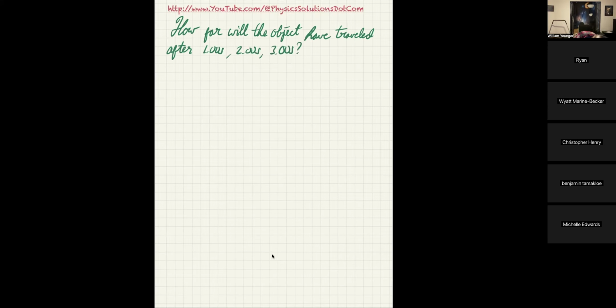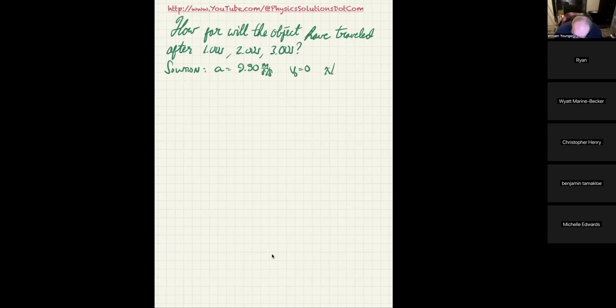Okay. In this case, we still have A equal to 9.80 meters per second every second. We still have V0 equal to 0, but we want to know X, or delta X.